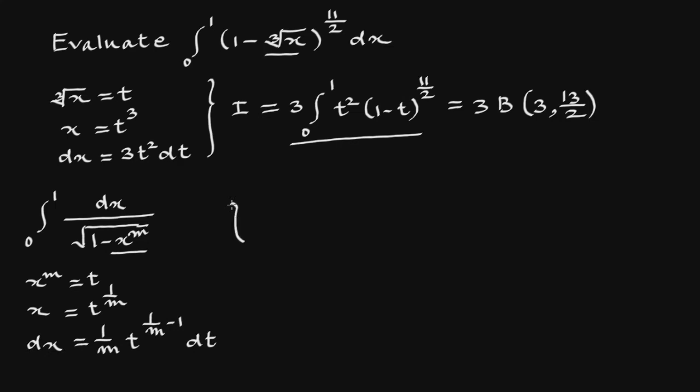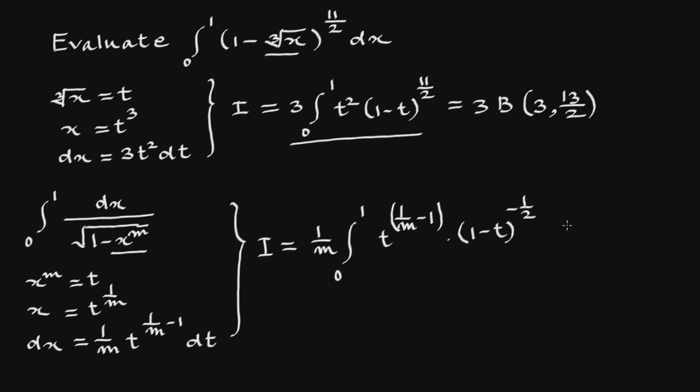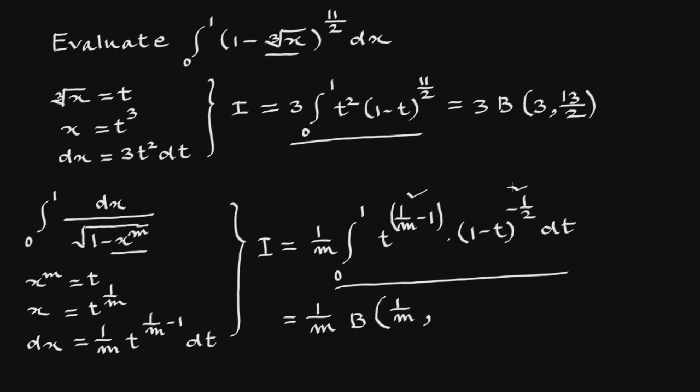After substitution and simplification, the integration becomes 1 upon m from 0 to 1 of t raised to 1 upon m minus 1 into (1 minus t) raised to minus half dt, which is 1 upon m times the beta function B(1 upon m minus 1 plus 1, minus half plus 1), that is B(1 upon m, half).